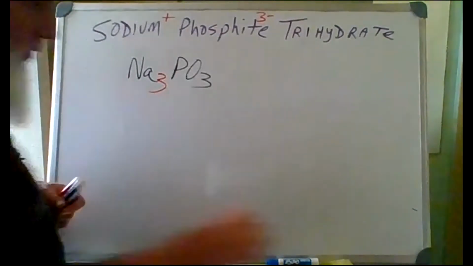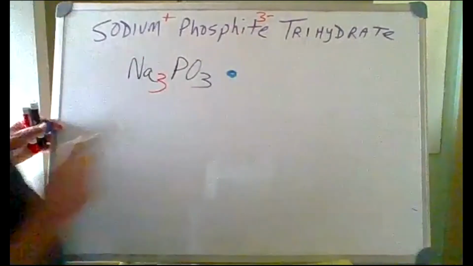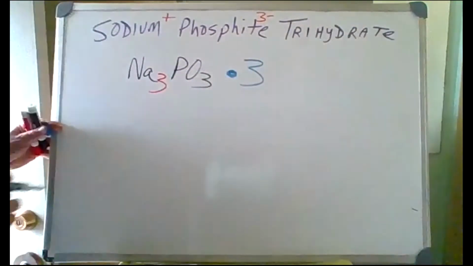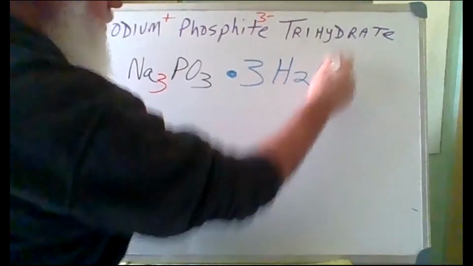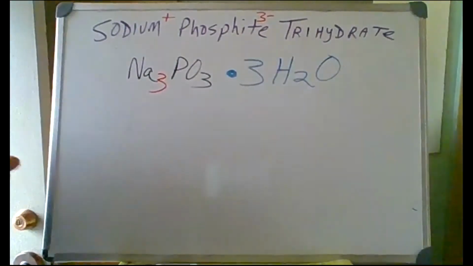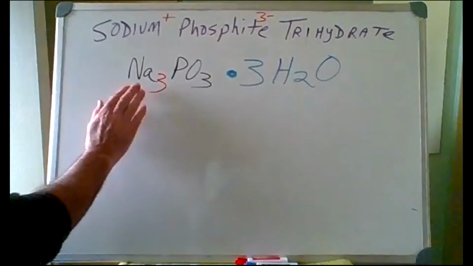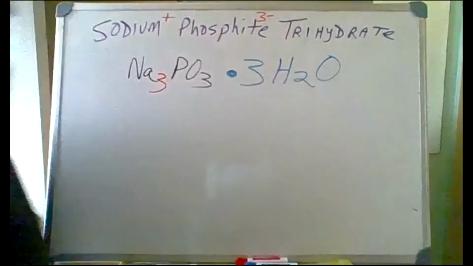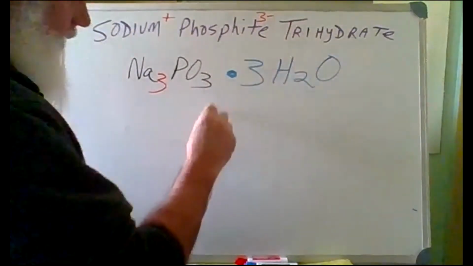So what we're going to do here is put a bullet and then 3, and hydrate means water. So 3 water molecules. So there's the formula unit for this compound: 3 sodiums, 1 phosphite, bullet, and 3 waters. What are called waters of hydration.